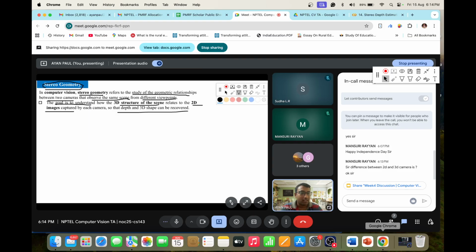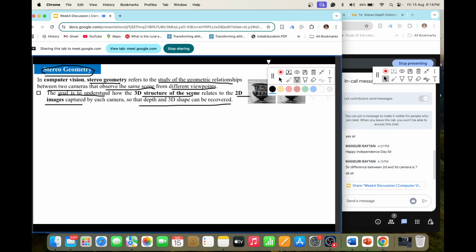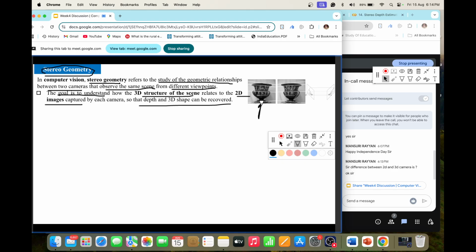Now let me proceed further. You can see this is an image of a trophy or a lamp, whatever it is. You can see that the same trophy has been captured by two different cameras. From this camera we are getting one image, and from this camera we are getting another image.